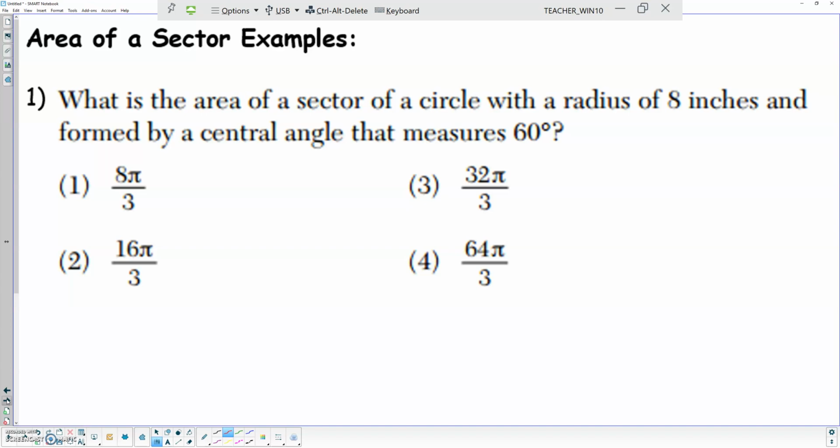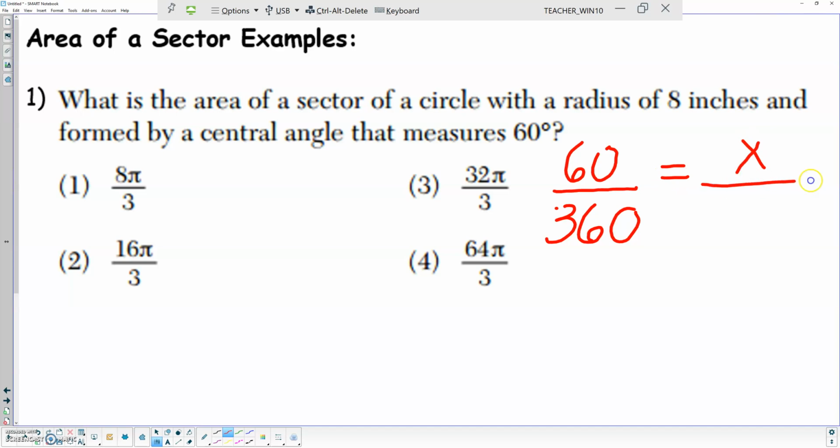Our proportion is always our central angle, in this case 60 degrees, over 360 equals the area of the sector, which is what we're trying to find, so I'm going to call that x, over the area of a circle, which is pi r squared. And in this case, our radius is 8.